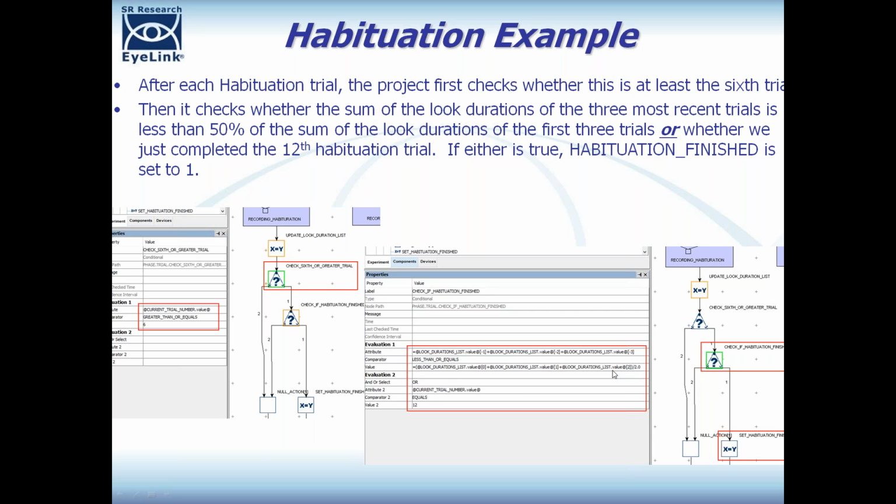So we're going to say if the sum of the look durations of the most recent 3 trials is less than or equal to half of the sum of the first 3 trials, or we're at trial number 12, we've done 12 habituation trials, then if either of these things is true, we're going to go down here to a little update attribute action, and this is the one that's going to set our habituation finished variable to 1. Okay, so this is where we're basically making the determination of whether habituation is complete or not. And if it is complete, we set the habituation finished to 1.